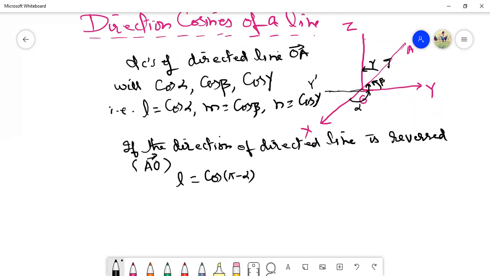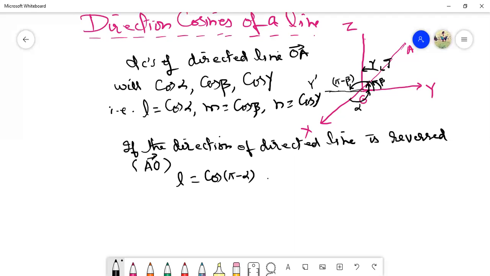If it comes to this side, then this angle will be pi, because till here it is pi, so pi minus beta. This is beta, then the rest of the angle will be pi minus beta.